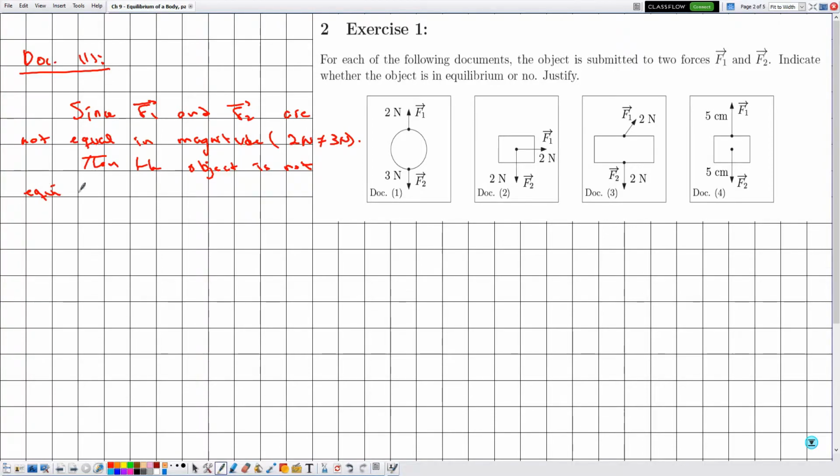And recall, what does the word equilibrium mean? It is at rest, it is not moving.